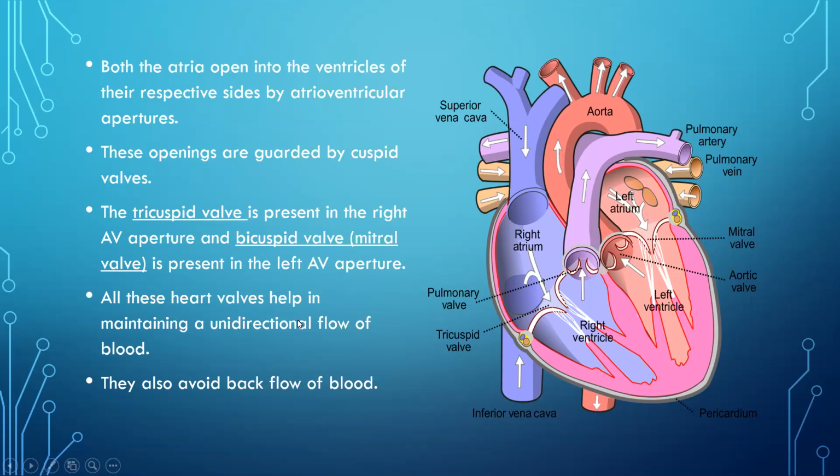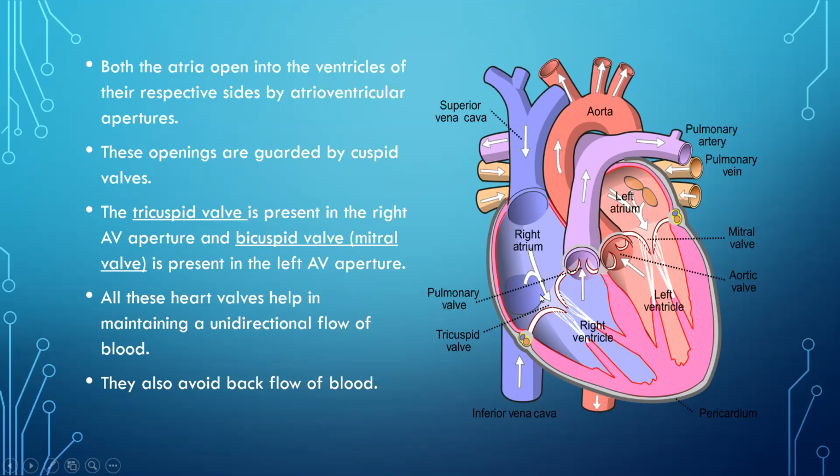All these heart valves help in maintaining a unidirectional flow of blood. You can see the arrows. Blood always comes from the atrium or auricles to the ventricles, from the upper chamber to the lower chamber. You can see the direction.